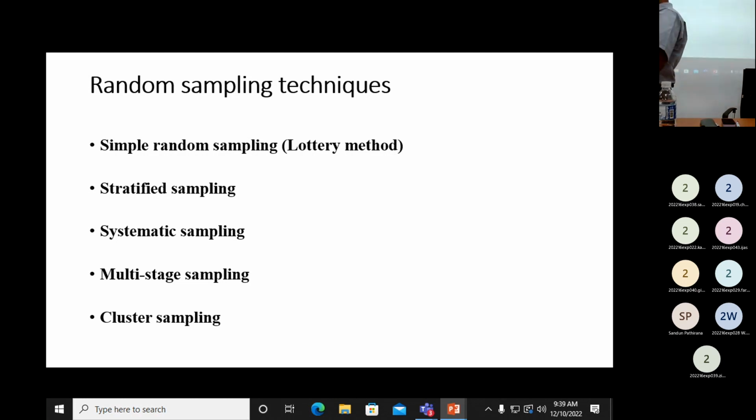Then we write down the second advantage: sample items can be selected from each part. Therefore, they can be distributed throughout the population.